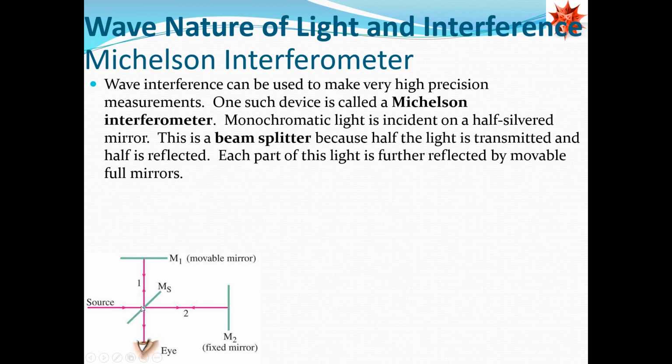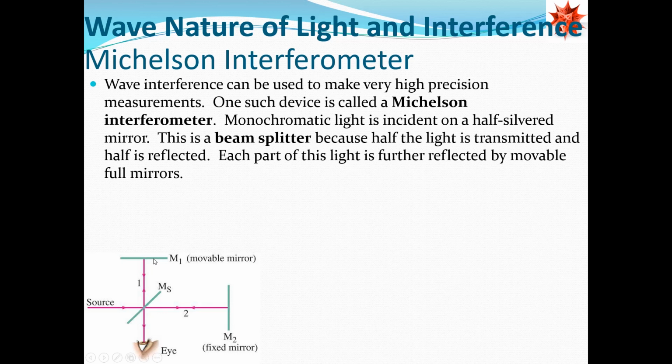Part of the beam is reflected towards another mirror, and the other beam transmits through towards a second mirror. So you end up having two mirrors and a splitter. Once that happens, it strikes this fixed mirror. Both beams will bounce back and transmit through to a person's eye, or to a recording surface.